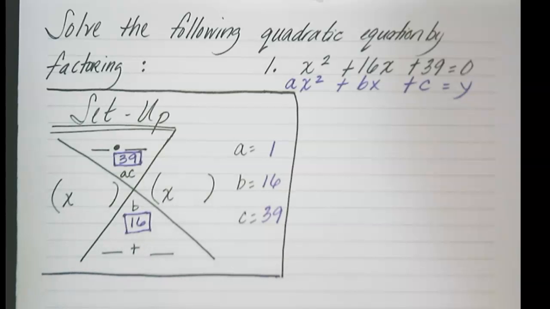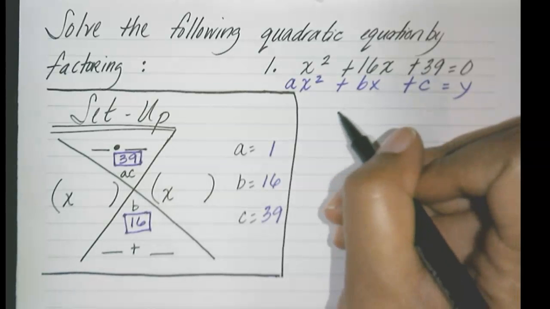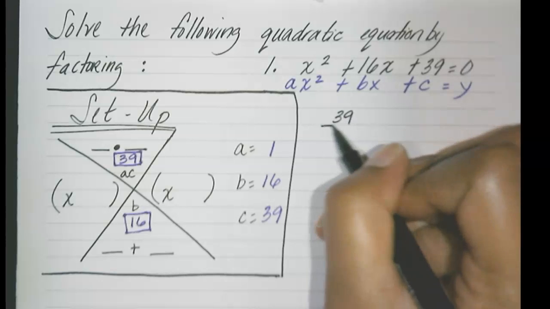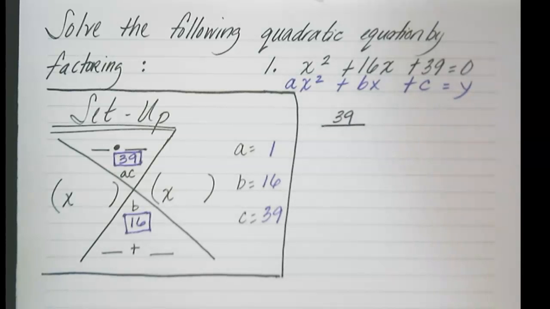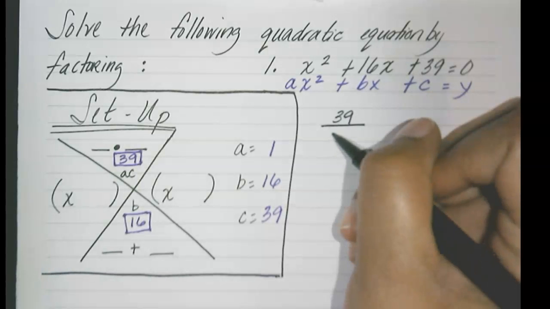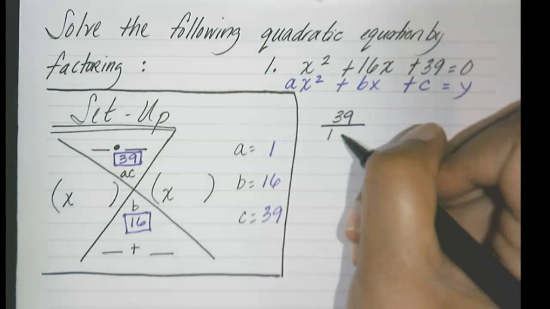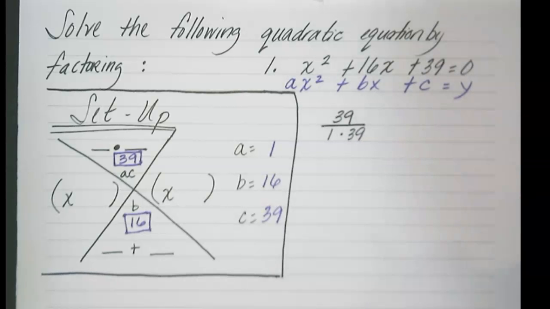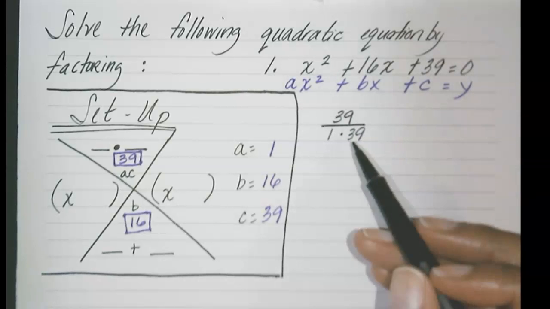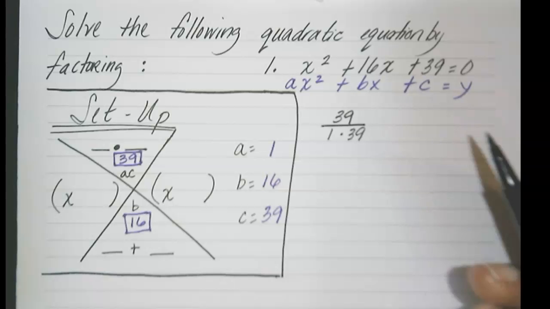If you don't know what those numbers are off the top of your head, this is why I say multiplication is very, very, very important. To figure out what our factors are, we can just write down what multiples give you 39. So start with 1. 1 times 39 is 39. Is there any way that you can add 1 and 39 to get 16?